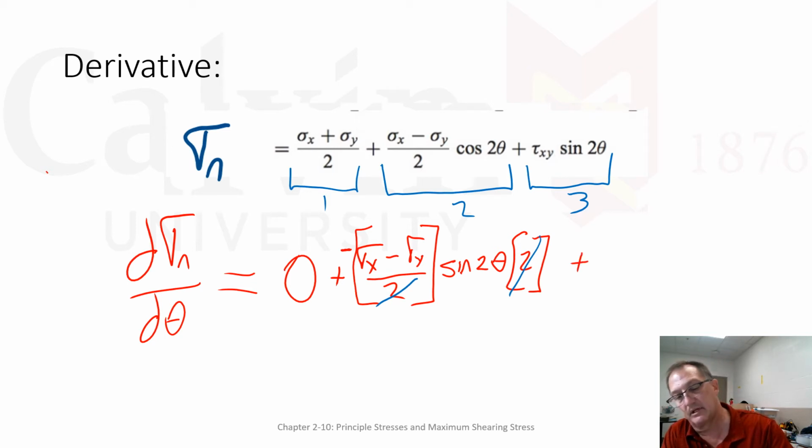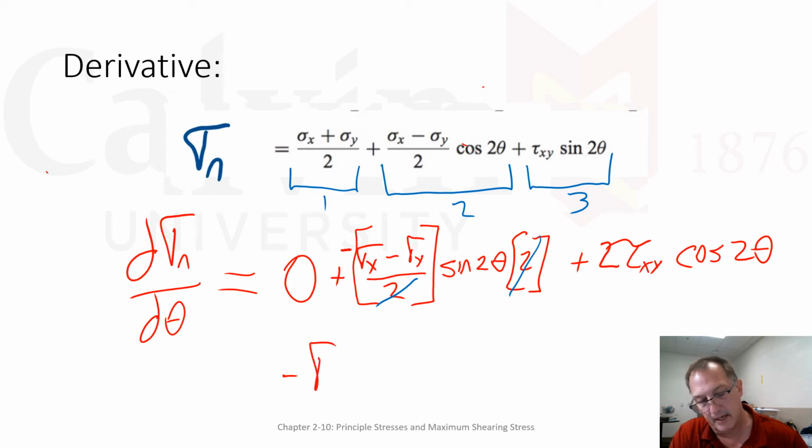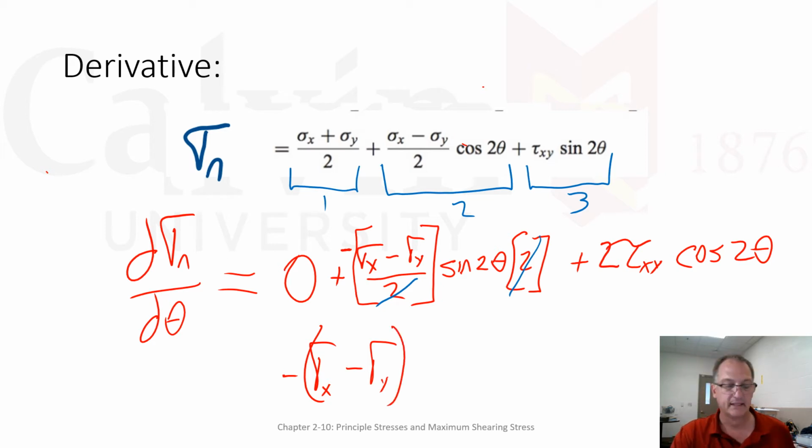And then the last term is going to be plus tau xy. The derivative of sine is positive cosine. I'm still going to have that 2, so let me add the 2 out front this time, a little easier. And then a cosine 2 theta. This term gets cleaned up a little bit. It's a negative sigma x minus sigma y, the normal stress in the x direction minus the normal stress in the y direction.